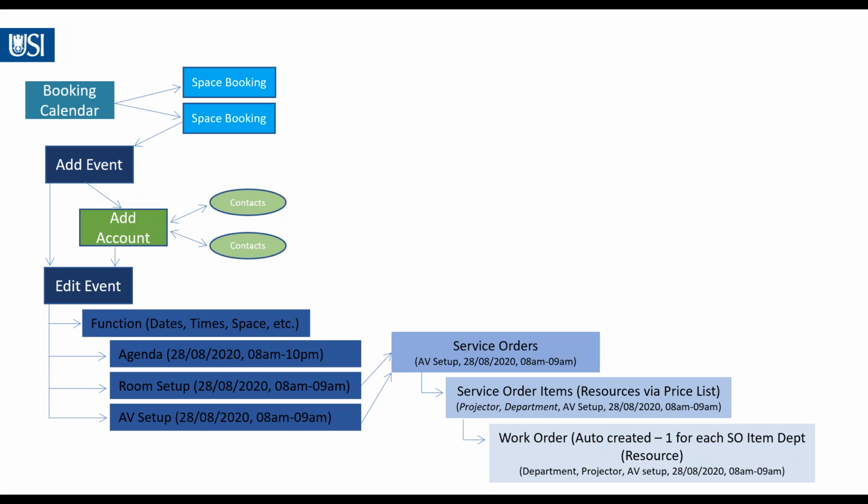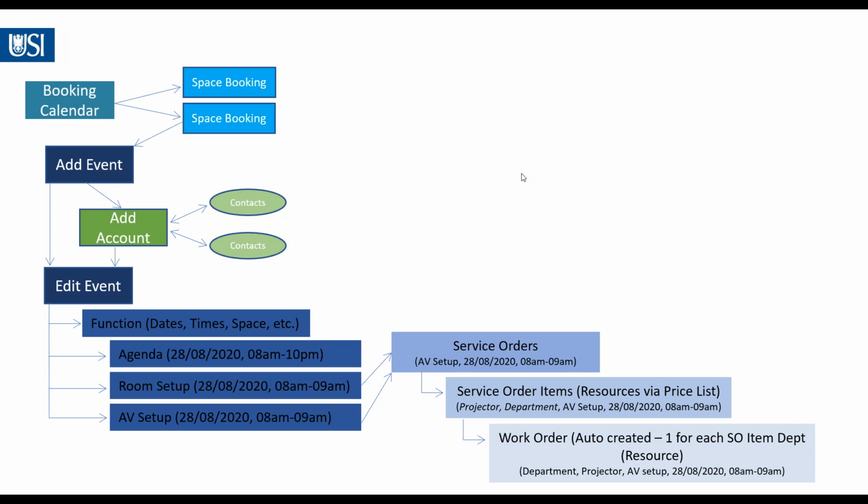So that is now all booked in the system. And then we're able to go through and add a higher level of detail, being the functionality of the event, the items that are being delivered, our food packages, all of those items are able to be broken down in our function scripting by attaching service orders and service order items.